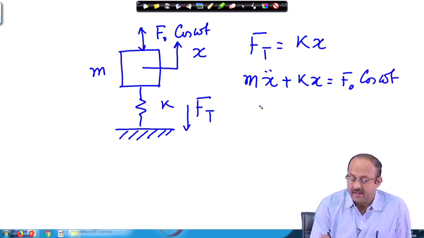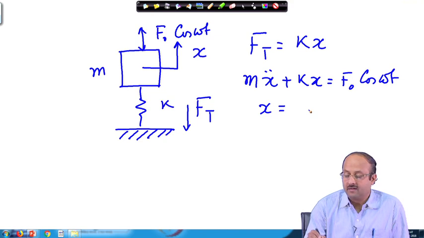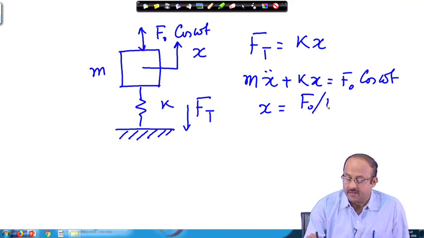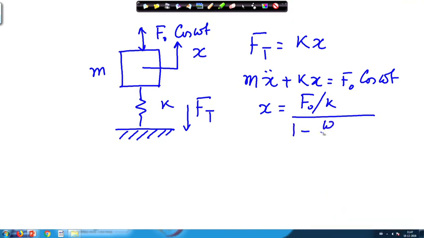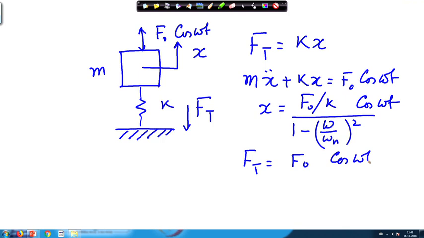Here you have x of t, which one can find as F naught divided by k, divided by 1 minus omega by omega n square, times cosine omega t. So, the force transmission will be equal to F naught cosine omega t divided by 1 minus omega by omega n square.